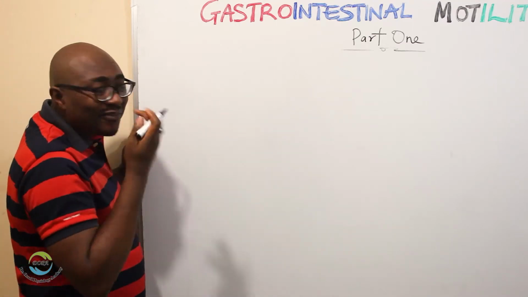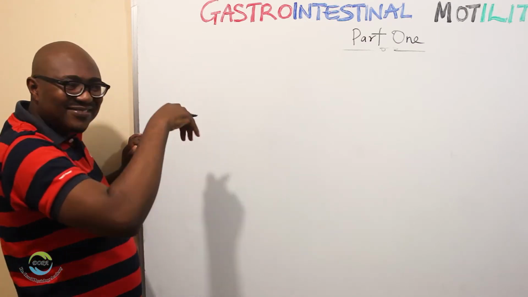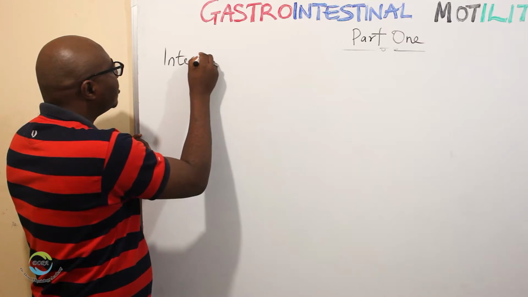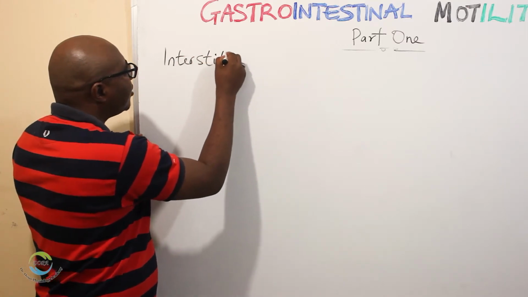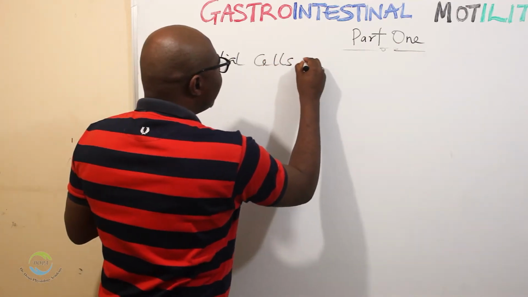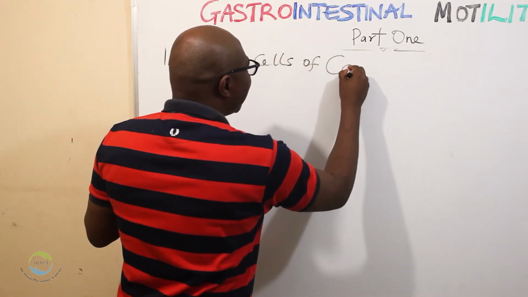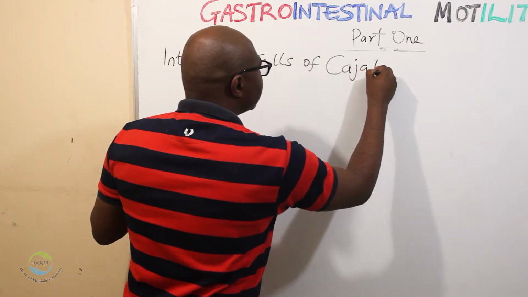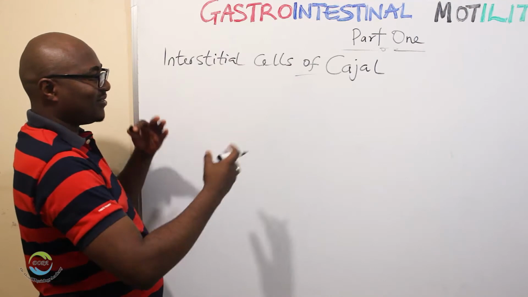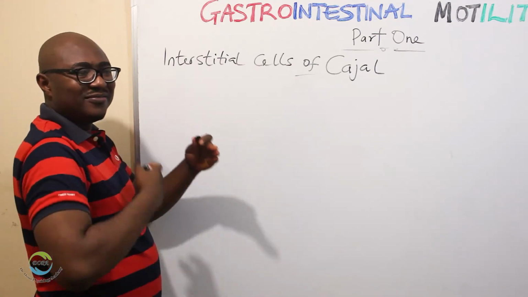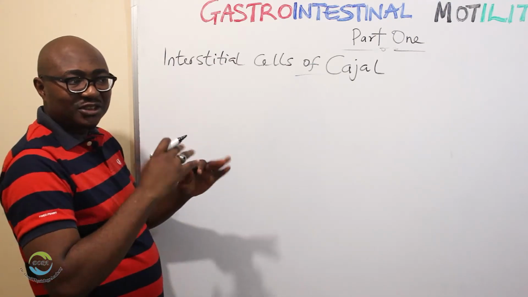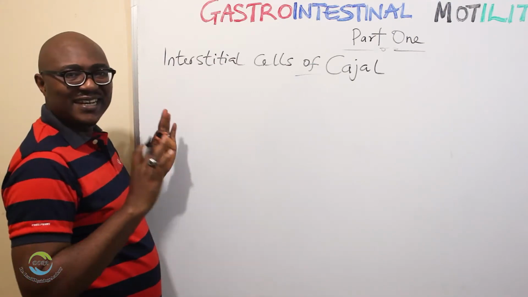Okay? So just like you have the pacemaker cells, there are cells in the GIT. They are called interstitial cells of Cajal. They function like pacemaker cells. They are responsible for the rhythmic contraction and relaxation of the smooth muscles of the GIT.